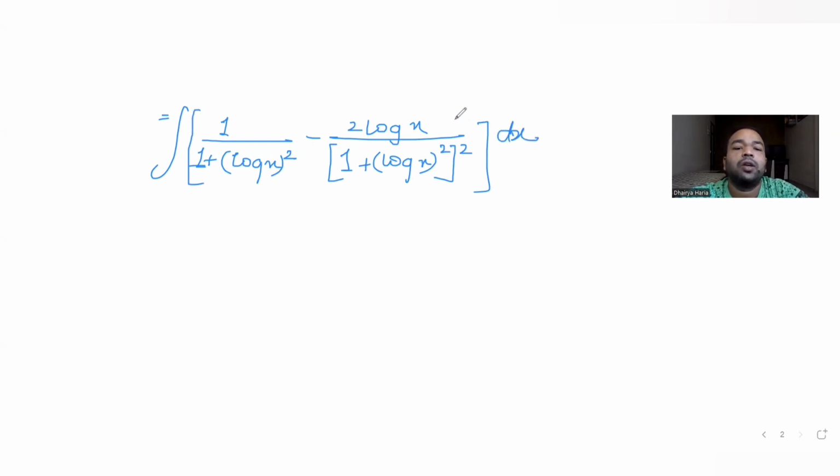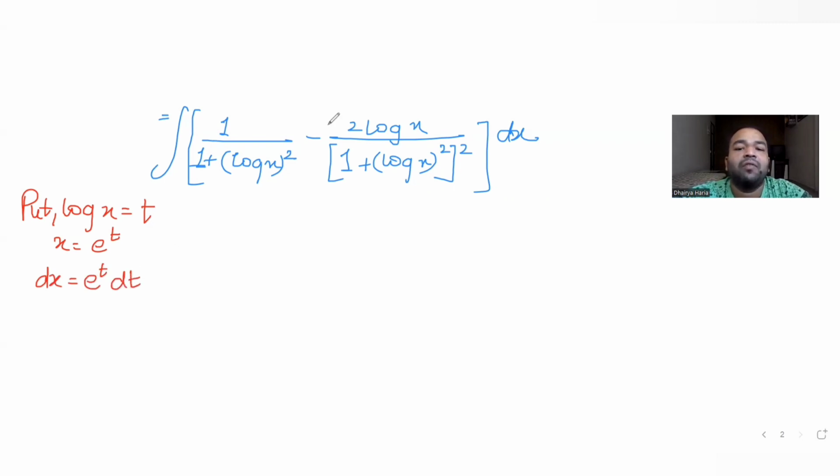Now I need to substitute x as something so the integral simplifies. Let's put log x as t. Then x becomes e raised to t, and differentiating, dx is e raised to t dt.